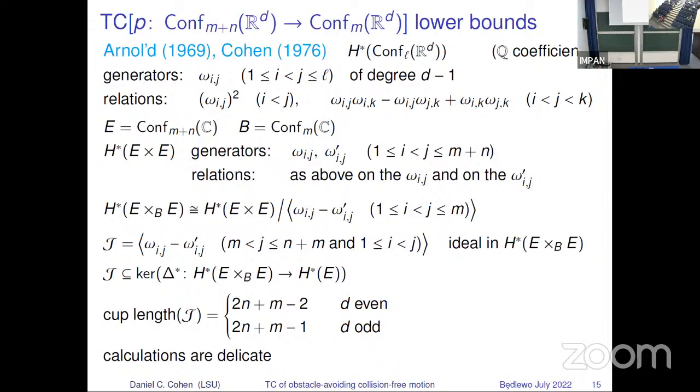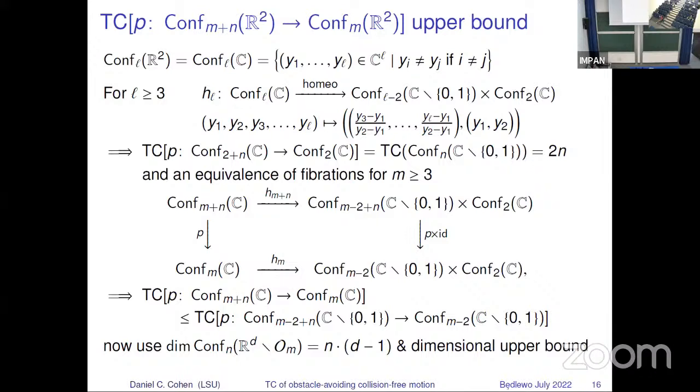Easy to see that these are all in the kernel of this homomorphism delta star. Hard to see that you can compute the cup-length of this subideal. Here's what you get. As I indicated, the calculations are delicate, so I'm going to suppress them. From the general property, this gives us a lower bound on the topological complexity of this Fadell-Neuwirth fibration.